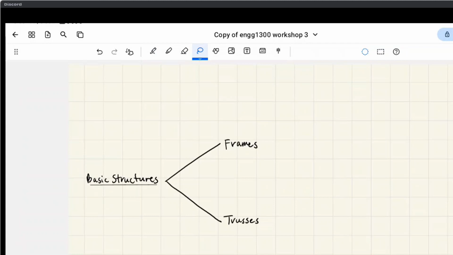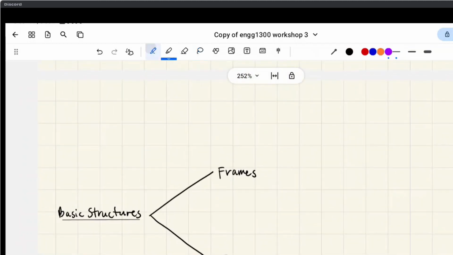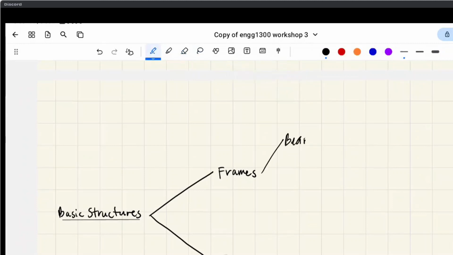For frames, we've been dealing with beams, which we dealt with a little bit last workshop. And beams are a part of frames. So it looks kind of like this. Oh, sorry, I'm in an unusual setup today, so excuse me if my handwriting's not great.